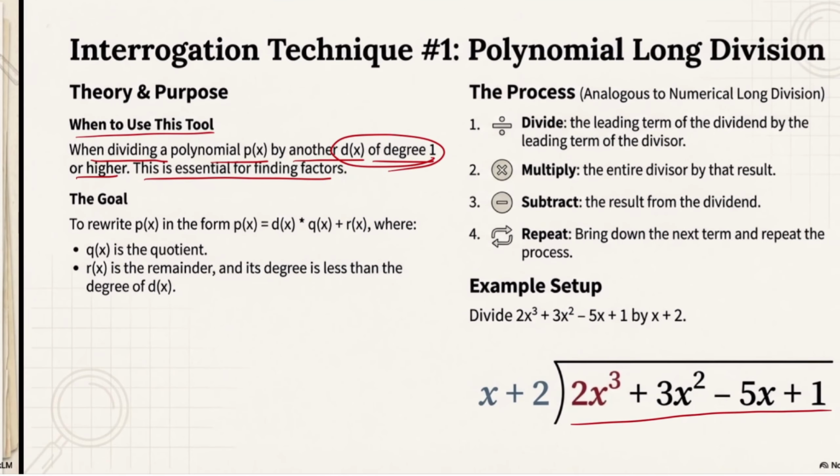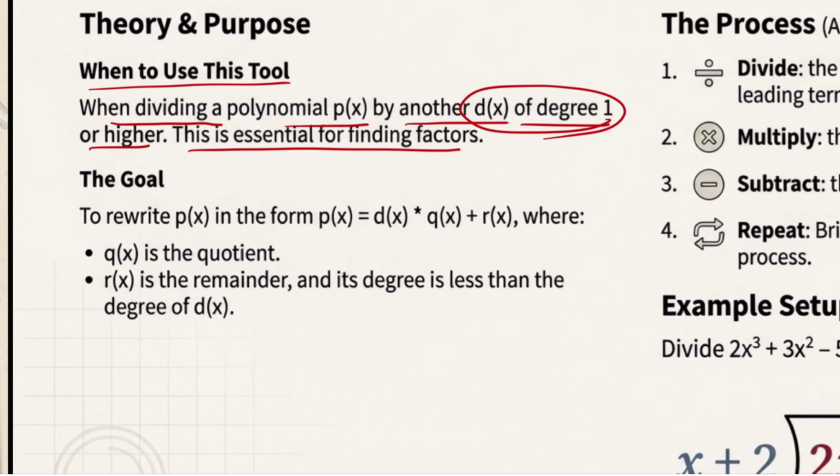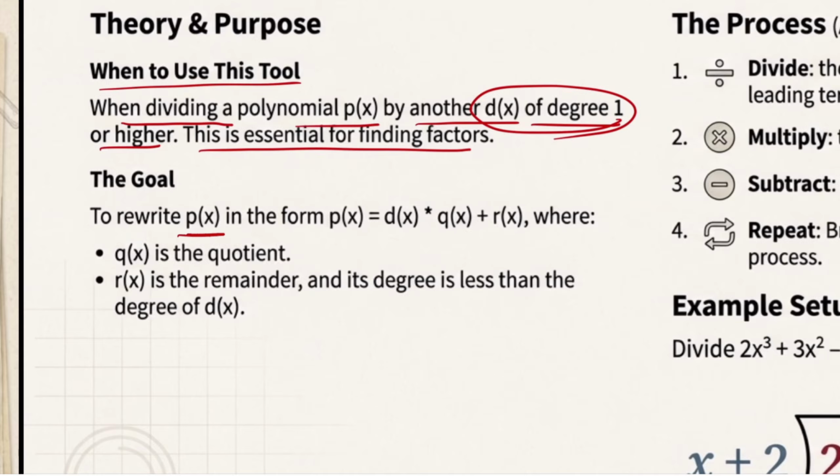As I just told you, factors mean roots, mean multiplicity, and if I do have any remainder, I'm going to use that. So our goal is to write p of x, whatever that is, in the form of d of x times q of x plus r of x, where q of x is going to be our quotient, and r of x is going to be the remainder itself, and obviously its degree is going to be less than the degree of d of x itself.